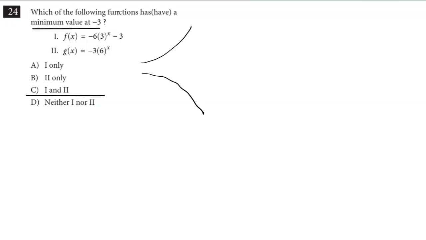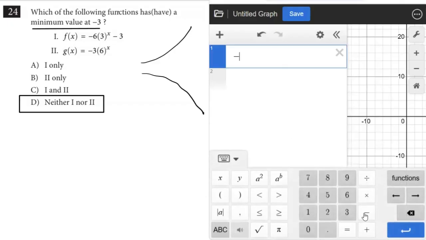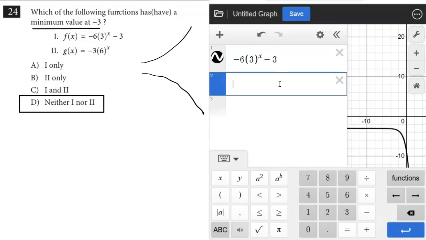So I know that neither one nor two will have a minimum value. But what's the other way of answering this question? You can go to the graphing calculator and do minus 6, bracket 3, raised to the power x, and then put a minus 3. So you can check this is one of the exponential functions and the other one is minus 3 and then 6.